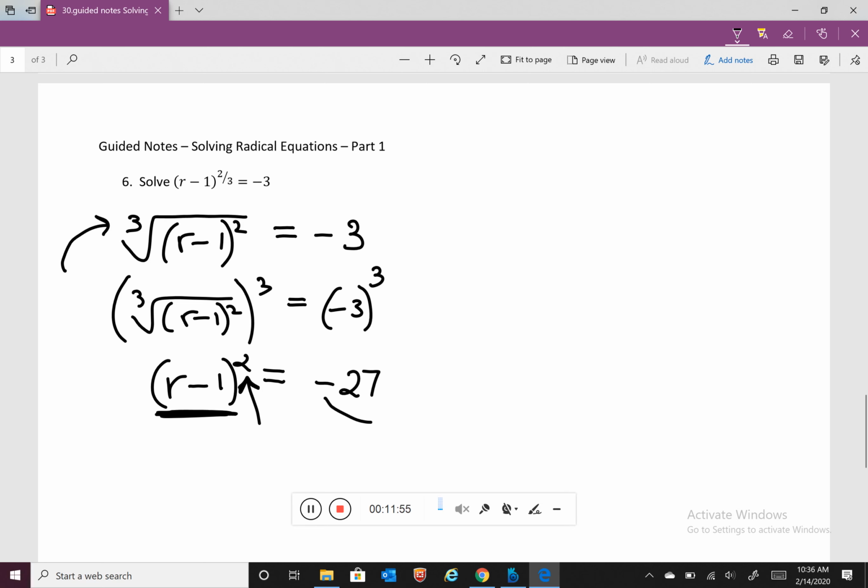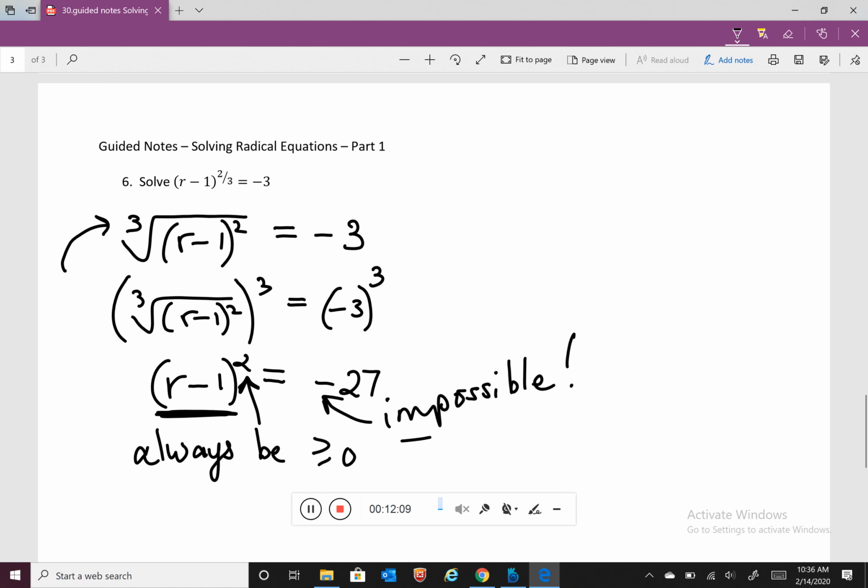It is impossible for this to ever be negative. So this will always be greater than or equal to 0. Therefore, it is impossible for this to ever give us a negative. Therefore, there is no solution.